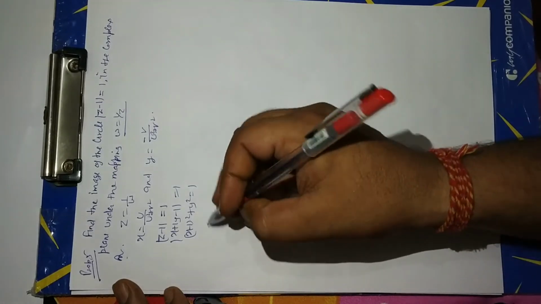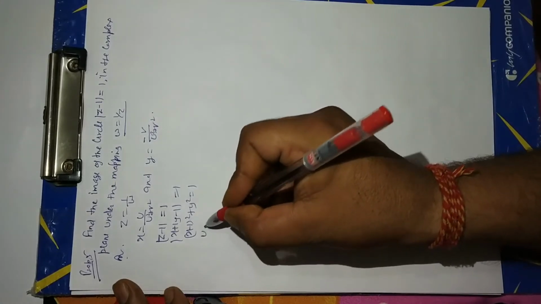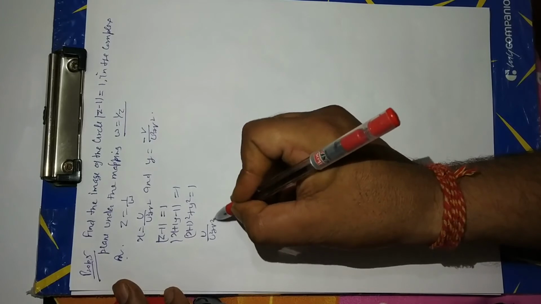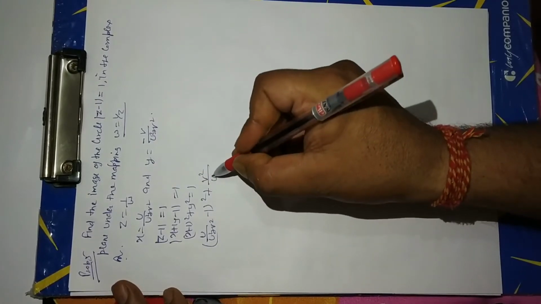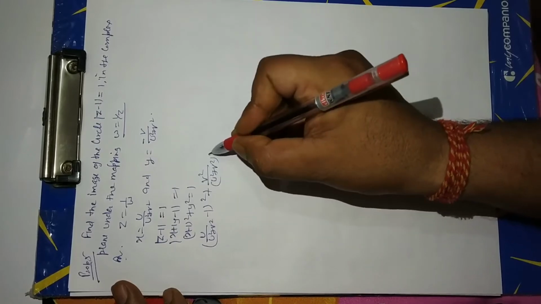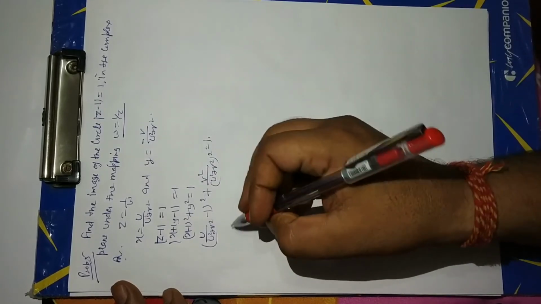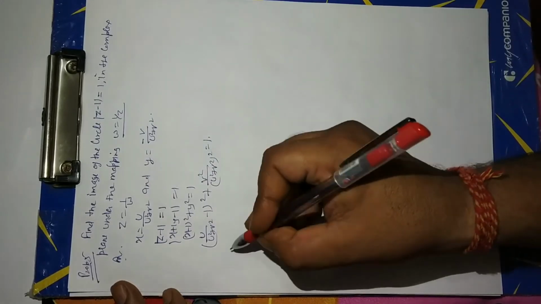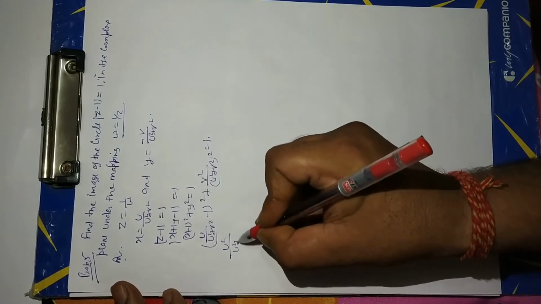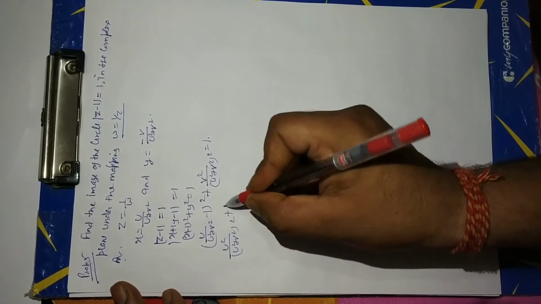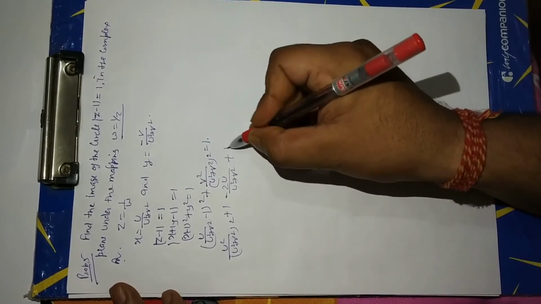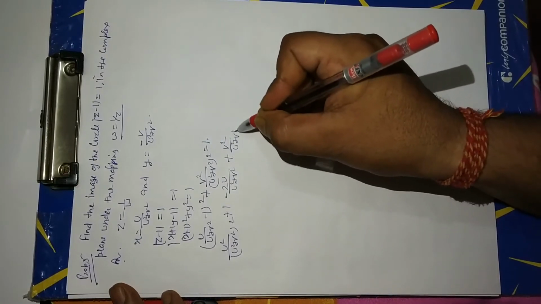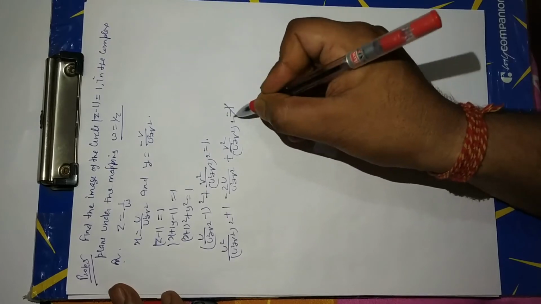Putting the values of x and y in this, we get (u/(u² + v²) − 1)² + v²/(u² + v²)² = 1. Now u²/(u² + v²)² + 1 − 2u/(u² + v²) + v²/(u² + v²)² = 1.